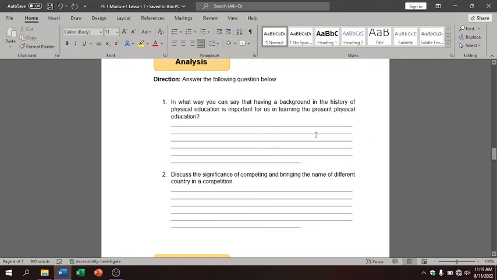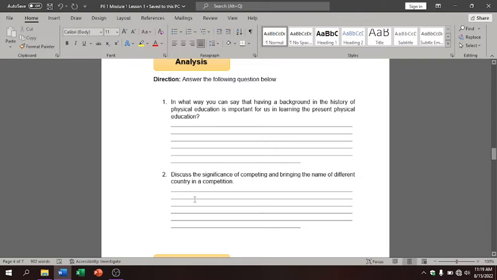From the question, in what way can you say that having a background in the history of physical education is important for us in learning the present physical education? You will have your own idea on how to answer this. This is also 5 points.